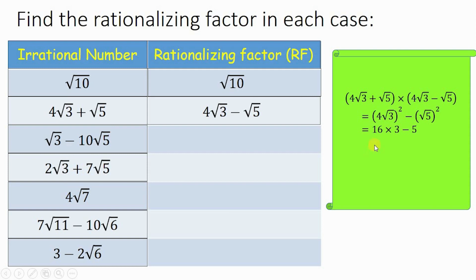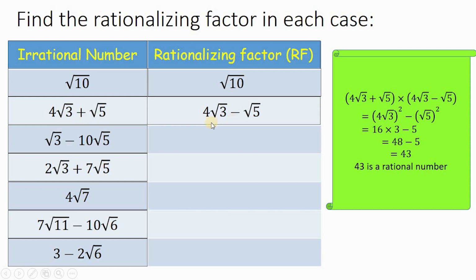Here 4 square is 16 and root 3 square is 3, minus root 5 square is 5. Therefore, you will get 48 minus 5, which is equal to 43, and 43 is a rational number. Therefore, the rationalizing factor of 4 root 3 plus root 5 is 4 root 3 minus square root of 5, or its conjugate. So here you will notice that only the operation between the two numbers changes.